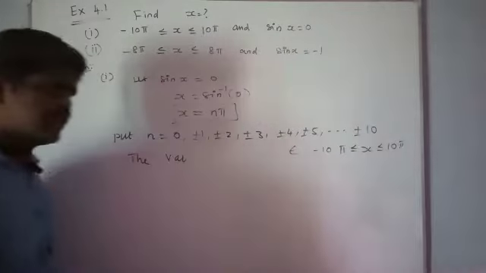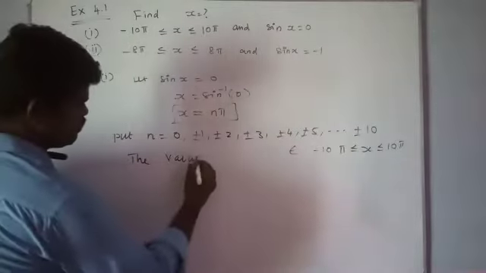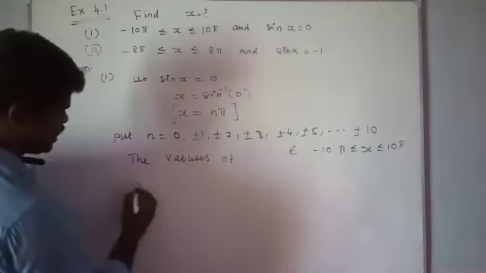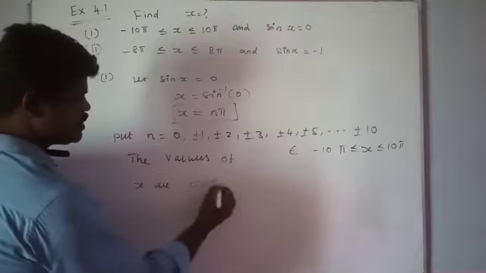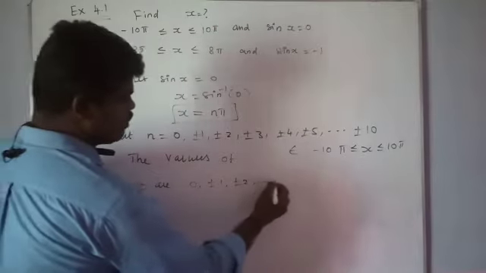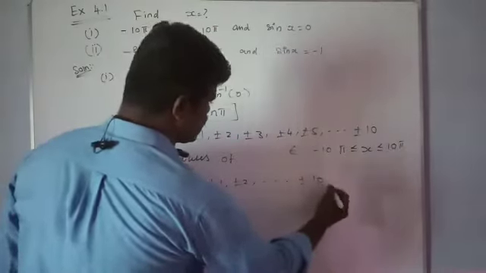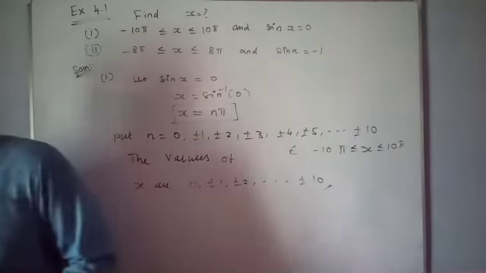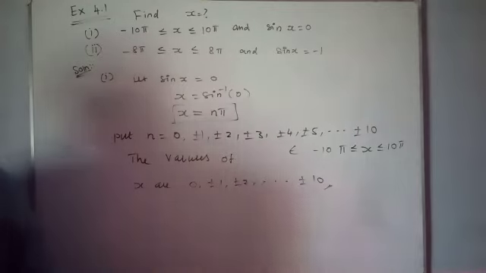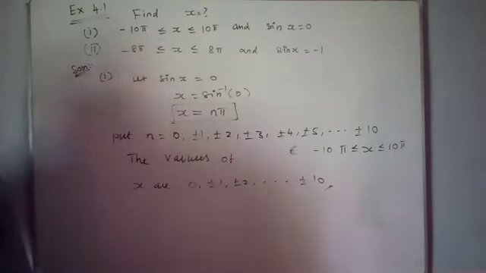The values of x are 0, plus or minus 1, plus or minus 2, up to plus or minus 10. This is the solution. Okay, right. And we go to another one, the second Roman letter.